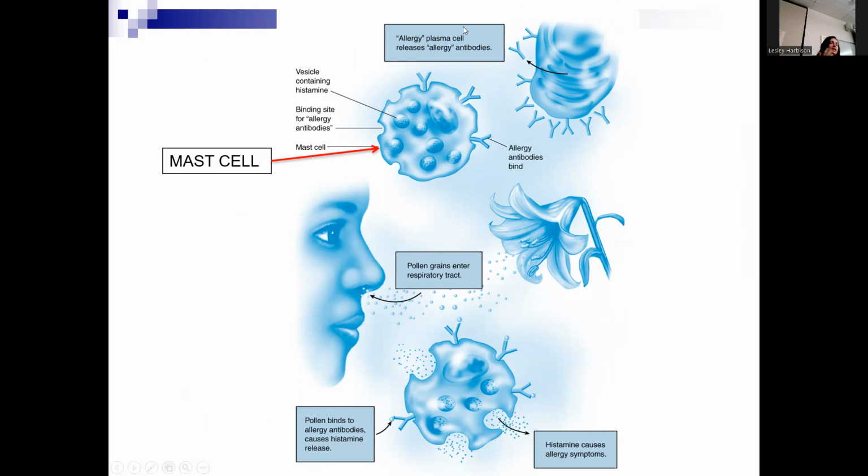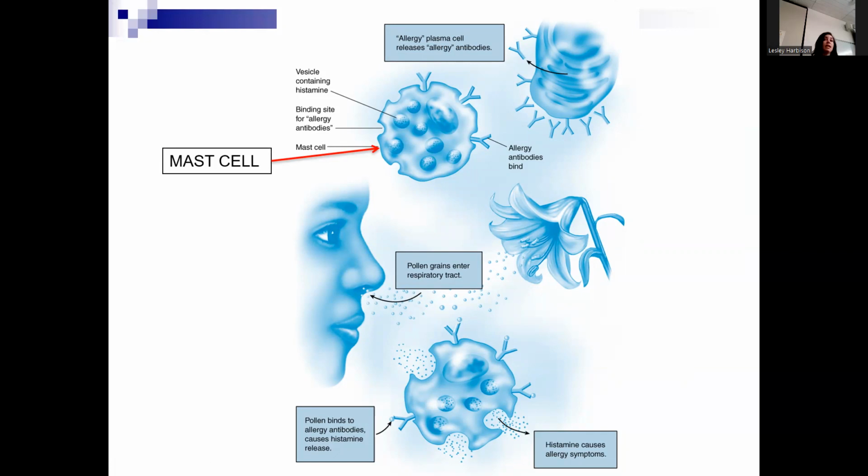Histamine is normal for our bodies, but if we get too much, our body can overreact. It's just part of the immune system, and our immune systems can overreact to things. So that's basically what happens. A little bit of pollen floats in, lands on one of these little Y receptors, and once it attaches, it signals the mast cell to release histamine.